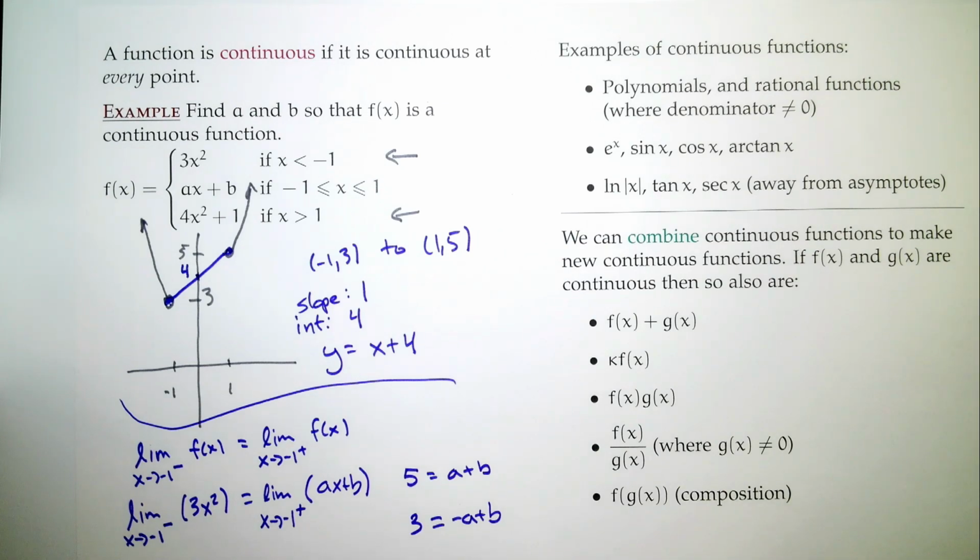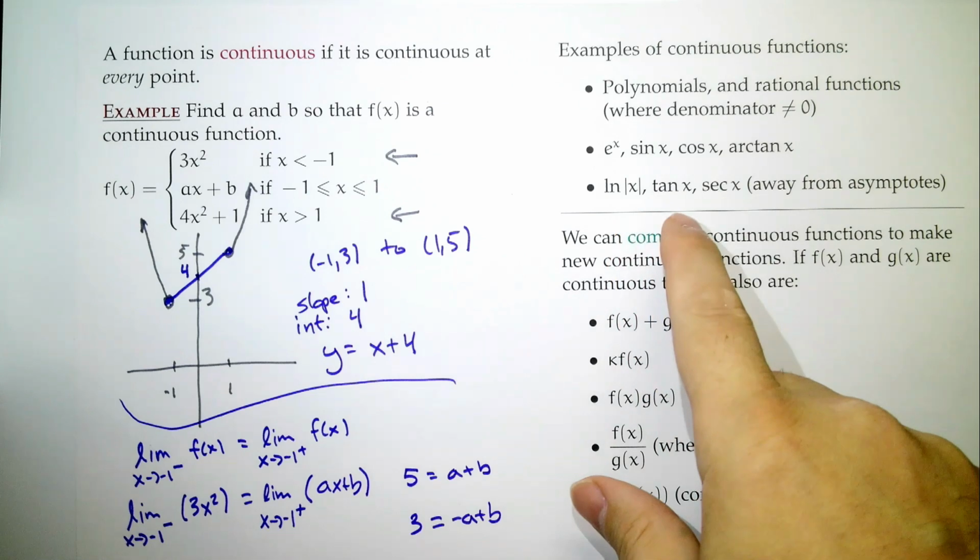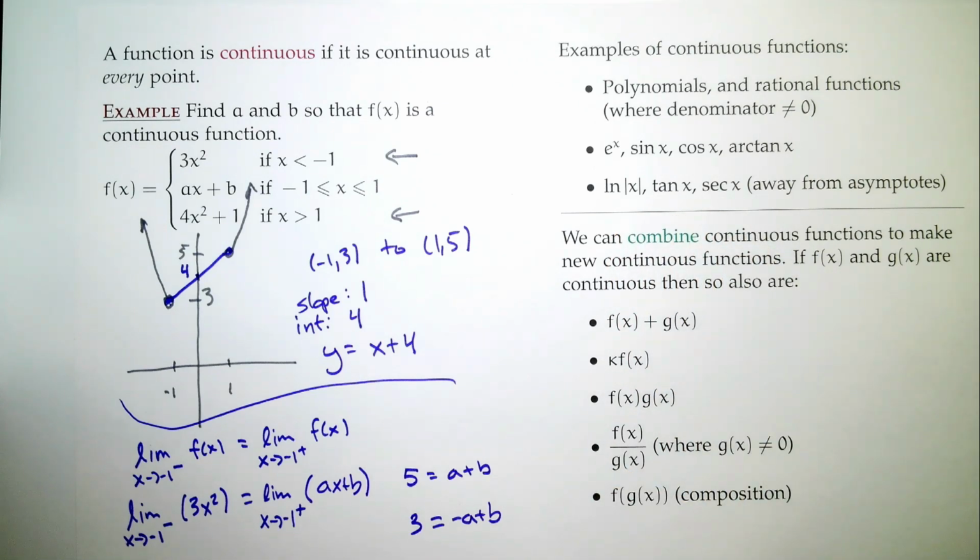You also have other things like square root of x, as long as you're talking about x greater than 0. There's a small catch at x equals 0, and it's undefined below 0. Things like log x and tangent of x and secant x are also continuous as long as you stay away from your asymptotes. So a lot of the functions that we're familiar with are continuous functions.